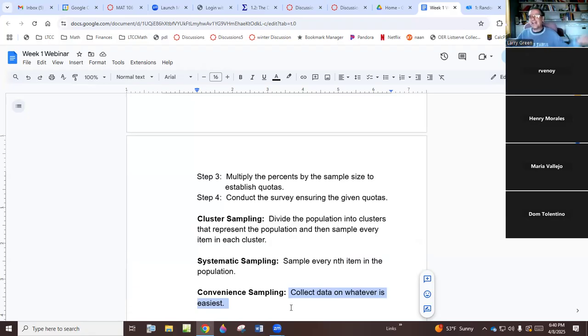So let me give you an example. Let's suppose I wanted to find out the average height of students that I've had in my classes. Sound good? Okay. So maybe I'll just do a little convenience sampling and look at the first class I ever taught. Sound good? And by the way, I've been teaching for over 30 years.